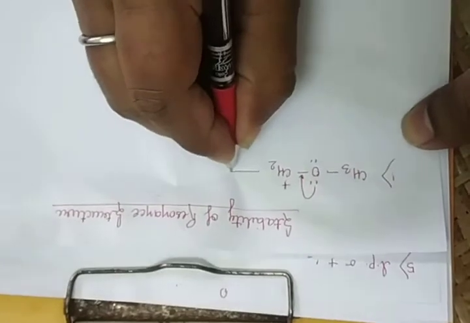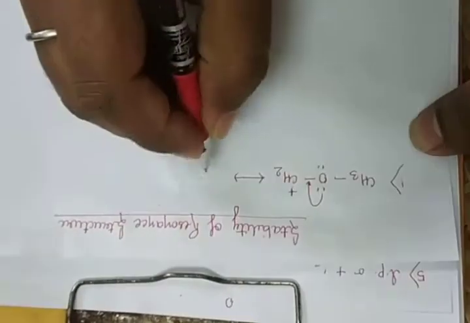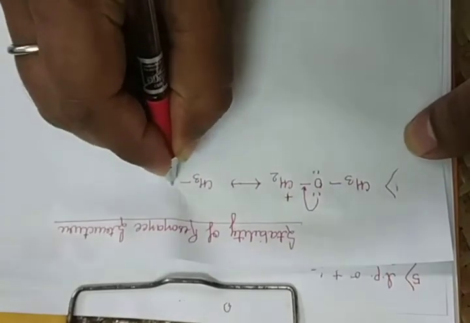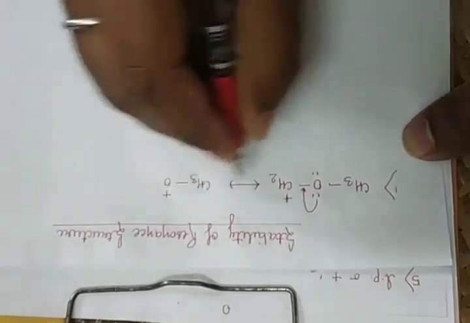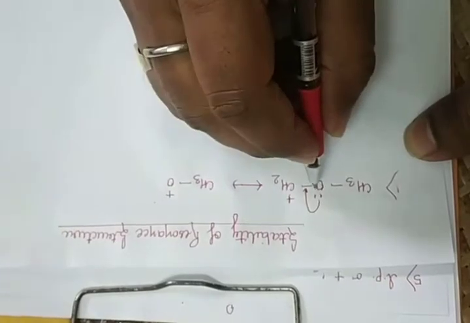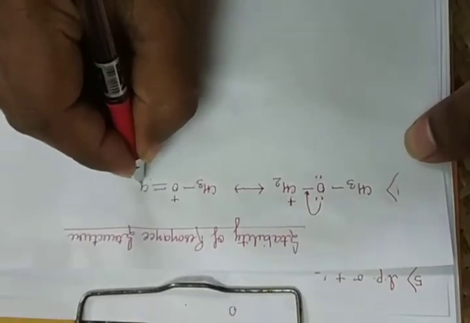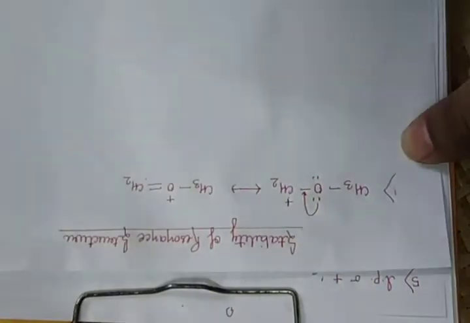Now there is a reversible arrow. So if oxygen donates an electron, oxygen contains positive charge. Now there is one electron from carbon and one electron donated, so there is a formation of a double bond.